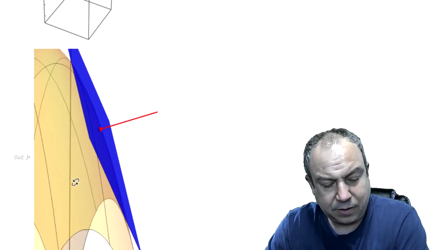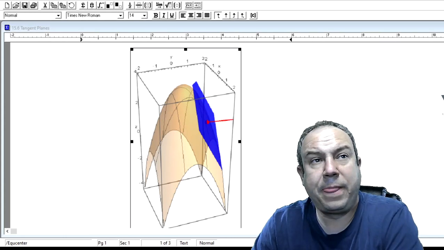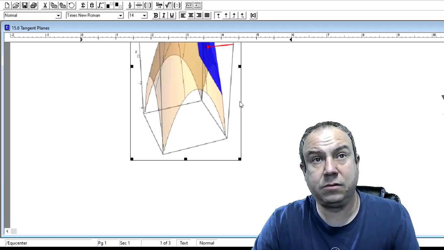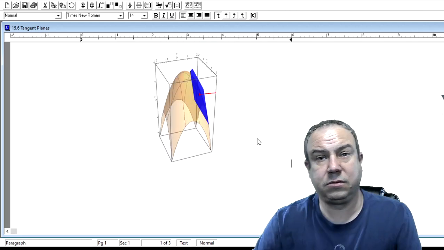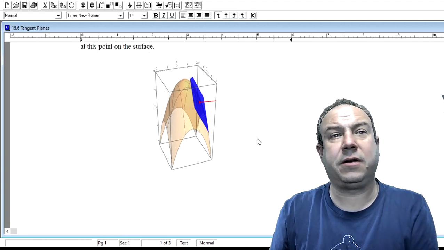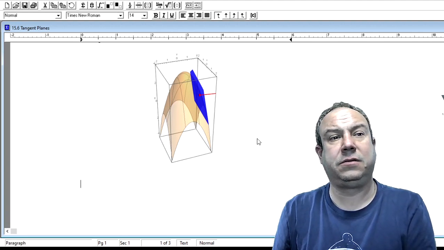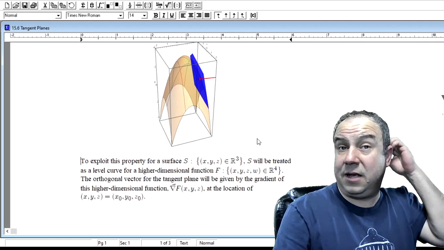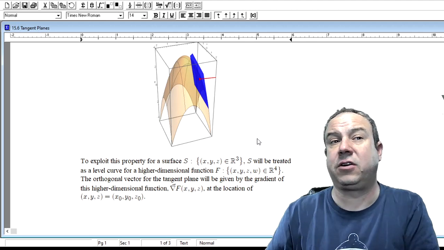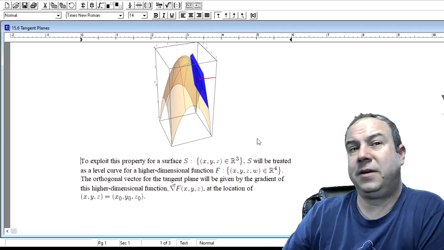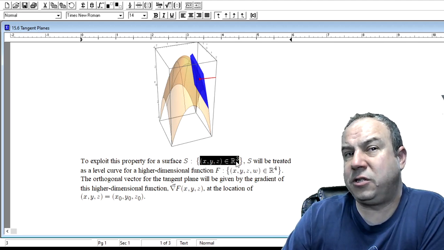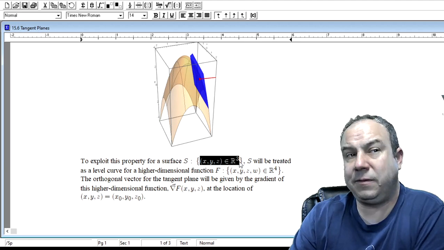Now, all of this is set up as follows. If I scroll down here, I do note, to exploit this property for a surface S, S will be treated as a level curve for a higher dimensional surface, big F bar, where big F bar is going to exist in 4 dimensions when our surface of interest exists in 3.